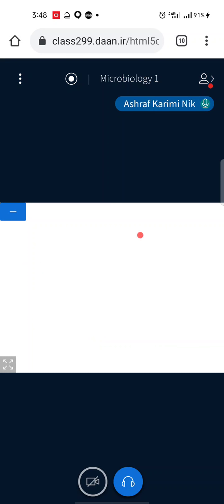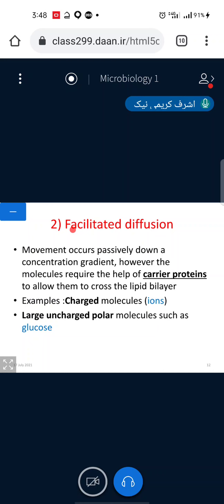Two, facilitated diffusion. In facilitated diffusion, we need some proteins named carrier proteins. Movement occurs passively down a concentration gradient. However, the molecules require the help of carrier proteins to allow them to cross the lipid bilayer.